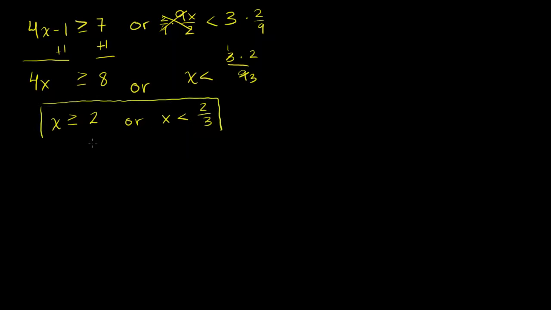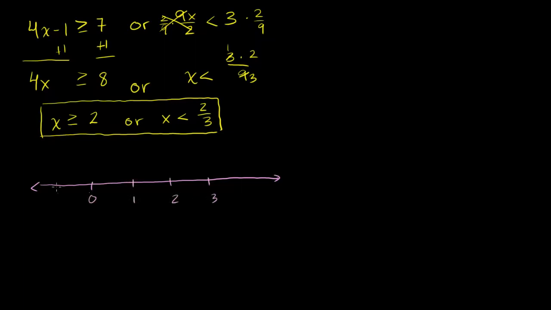So this is interesting. Let me plot the solution set on the number line. So that is our number line. Maybe this is 0, this is 1, this is 2, 3, maybe that is -1. So x can be greater than or equal to 2. So we could start, let me do it in another color.